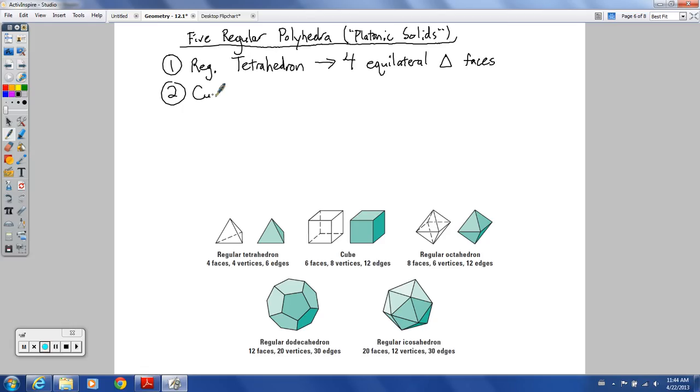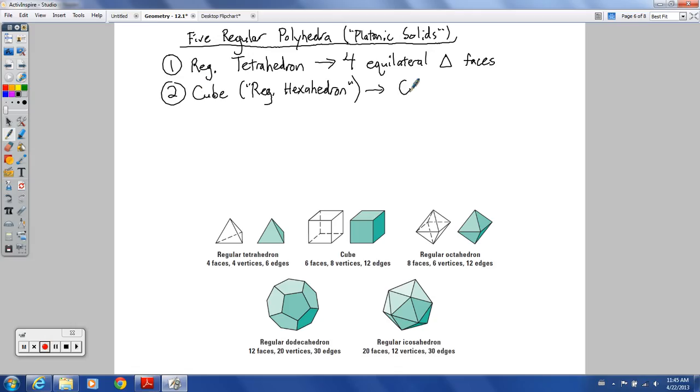So another one, this one, a cube. It's also called a regular hexahedron, and it's got 6 parts to it, just like a hexagon has 6 sides. A hexahedron has 6 faces as a 3-dimensional version of a hexagon. So a hexahedron is another way to say it, but generally we'll just say a cube.